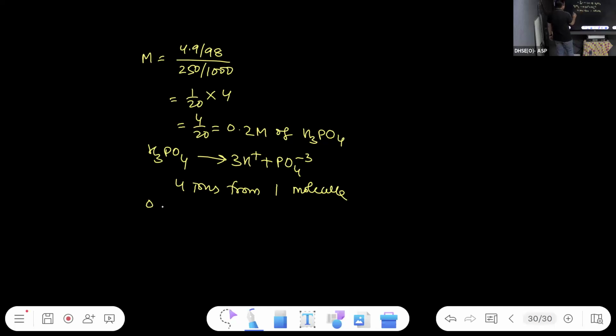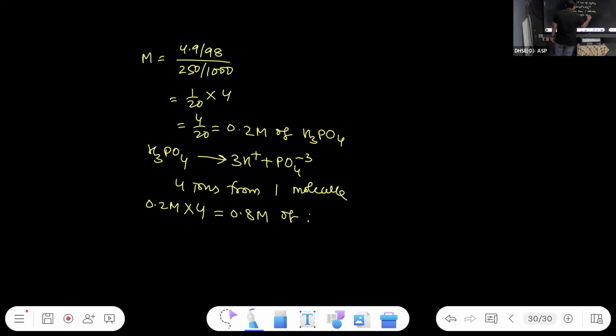If the molarity is 0.2 for the molecule, then for ions it will be multiplied by 4. So 0.8 molar of the ions. Okay. Students, clear?